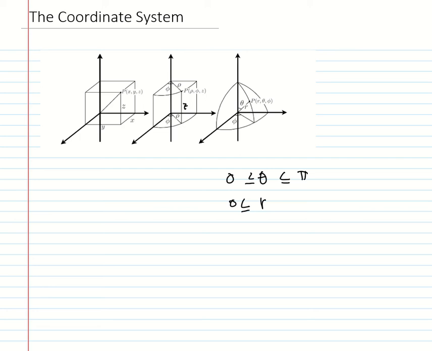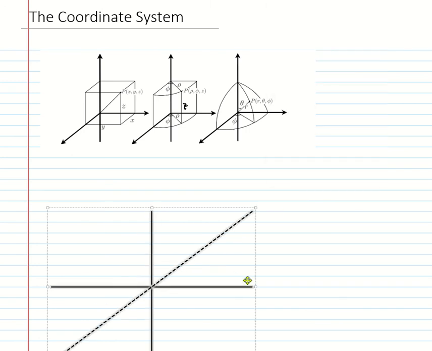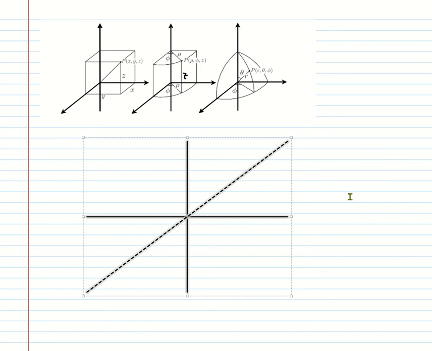Now, how do we plot the coordinate in cylindrical or in spherical coordinates? So if we do this again, let's say we have point P, with a radius of 3. Then for theta, let's say this is pi over 2.